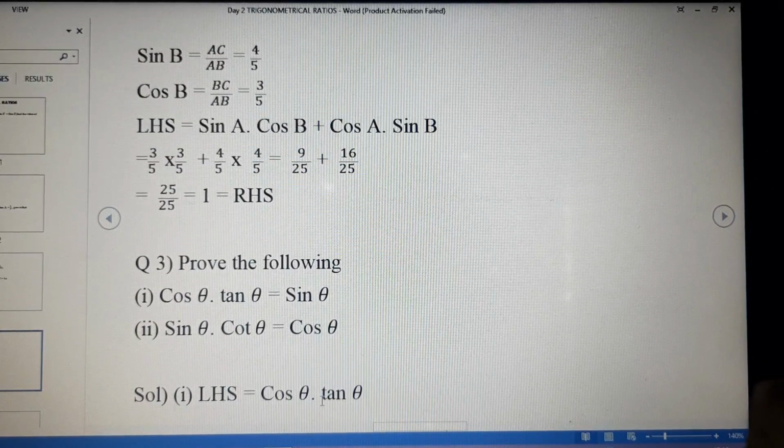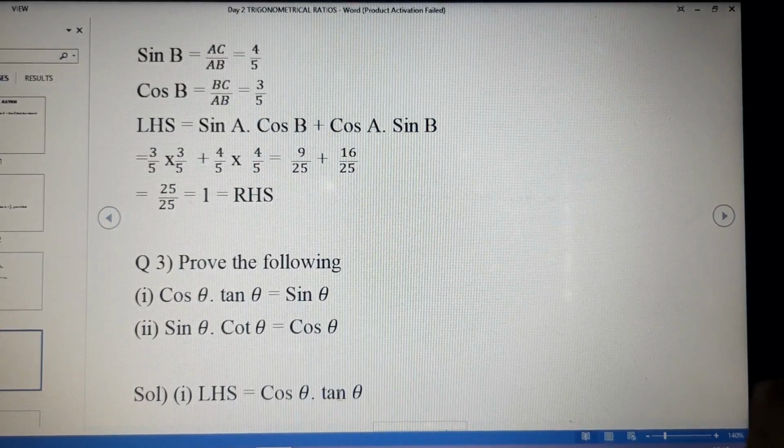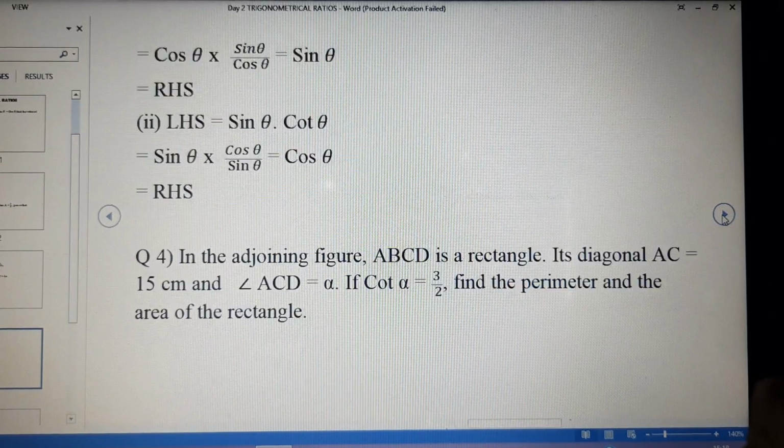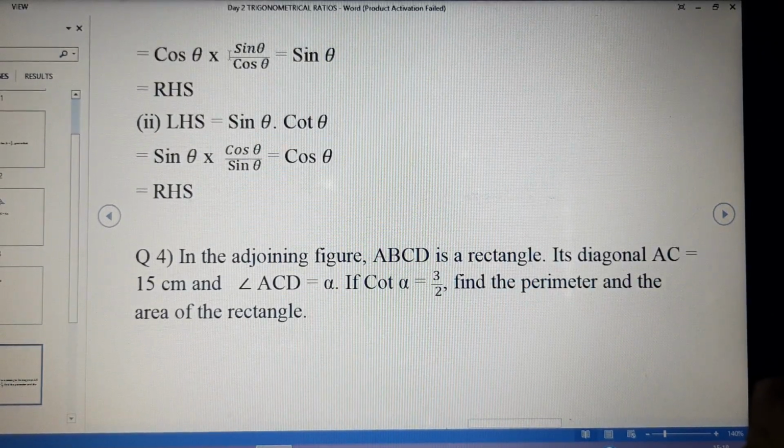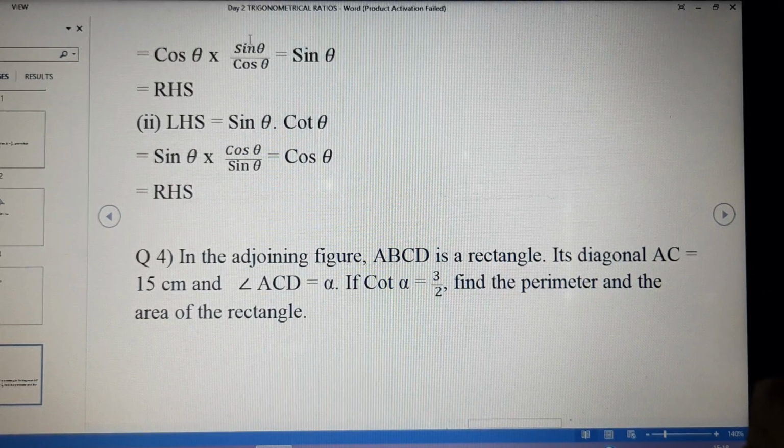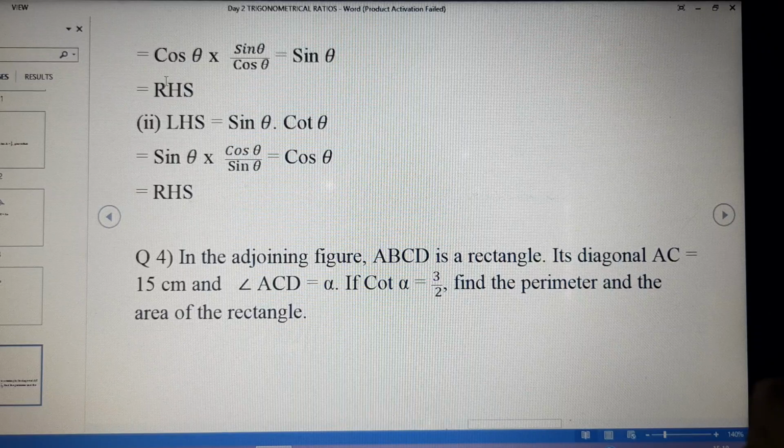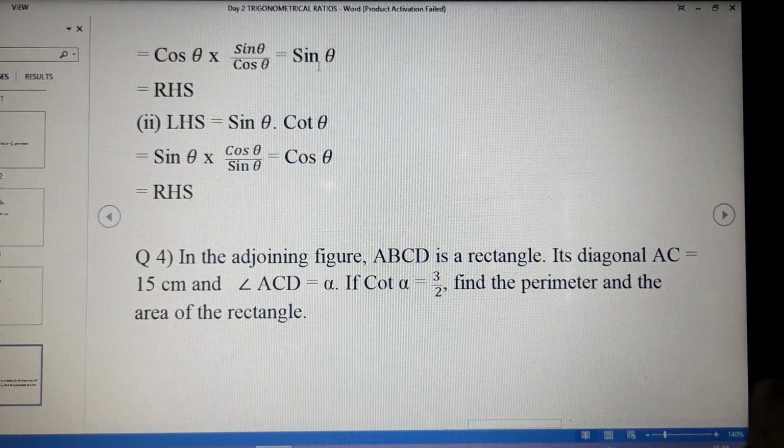LHS is cos theta into tan theta. You know tan theta can be replaced by sin theta upon cos theta. So cos theta into sin theta upon cos theta, and cos theta will be cancelled. We will be left with sin theta, which is the RHS.